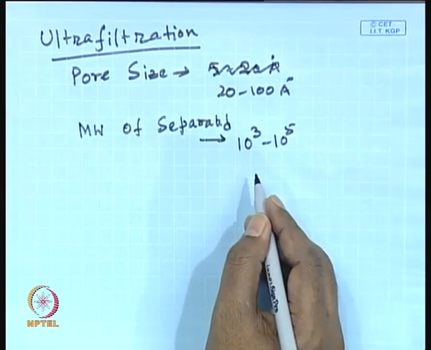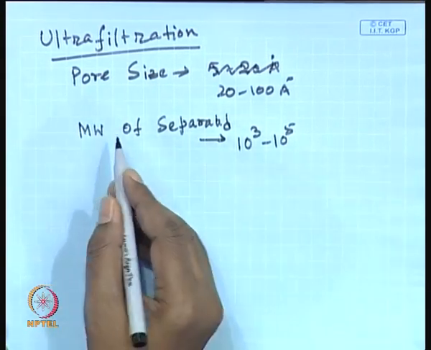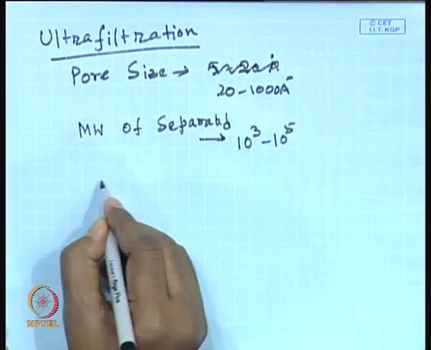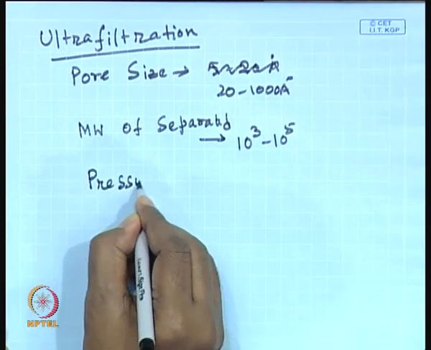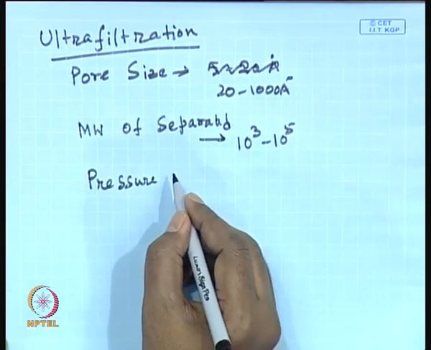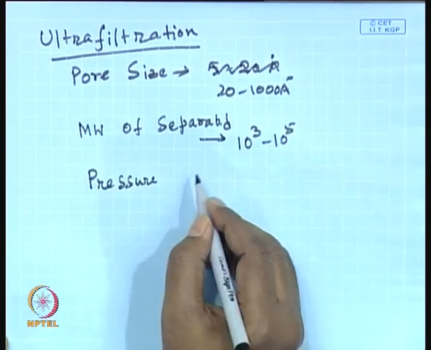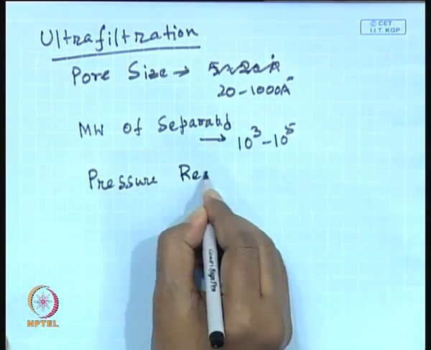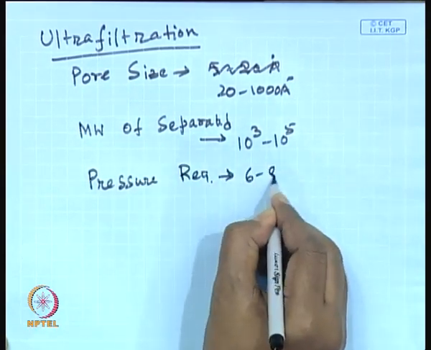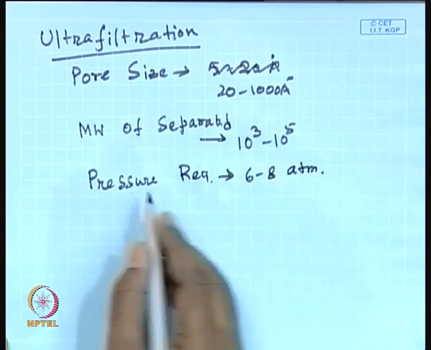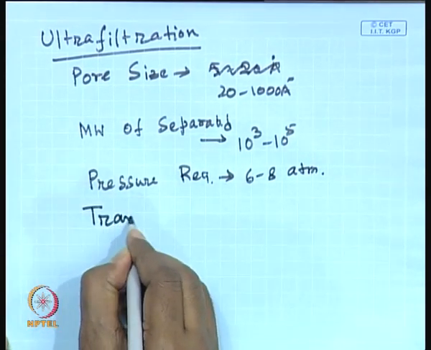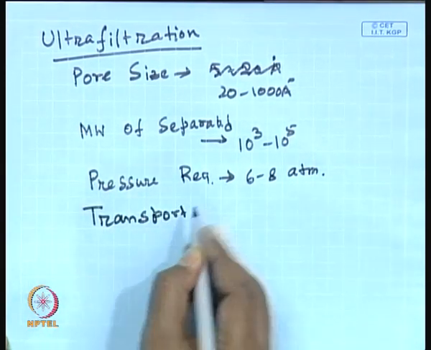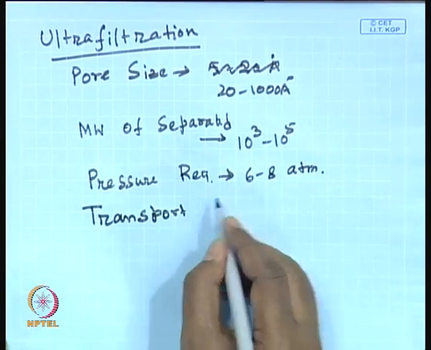And the pore size will be 20 to 1000 angstrom, and since we are talking about the higher pore size and separation of higher molecular weight solutes, the pressure requirement will be less, 6 to 8 atmosphere. And the transport mechanism is a mixture of convection as well as diffusion.